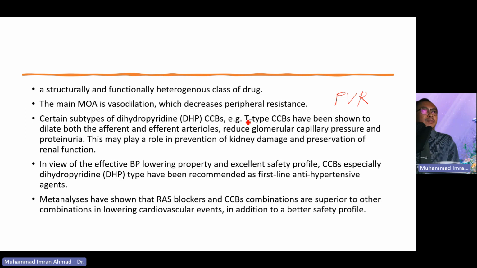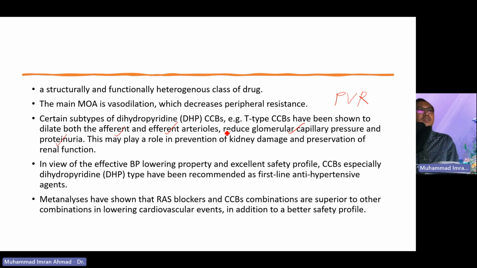Certain subtypes of dihydropyridine calcium channel blockers, for example the T-type calcium channel blockers, have been demonstrated to cause dilatation in both the afferent and also the efferent arterioles, and also reduce the glomerular capillary pressure in the kidney and also reduce proteinuria.